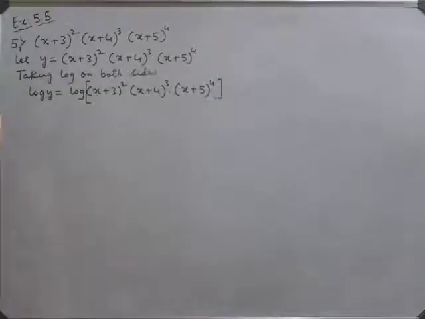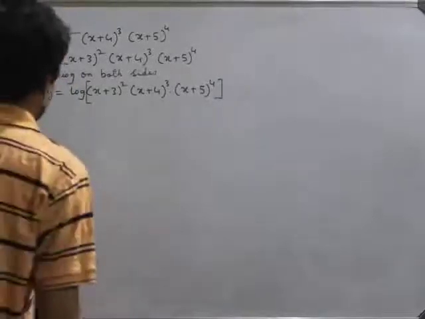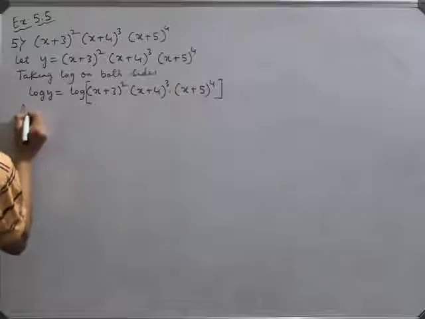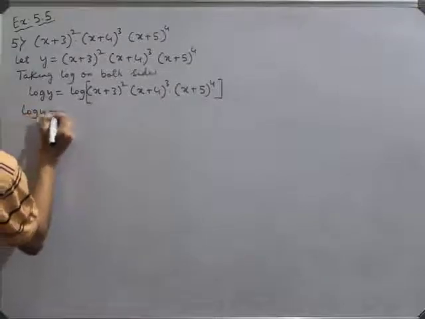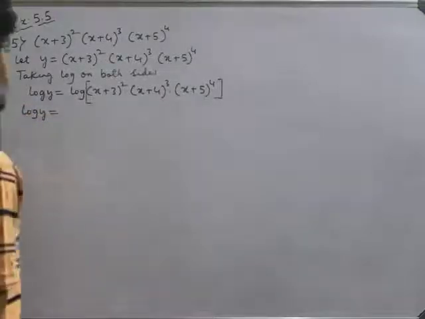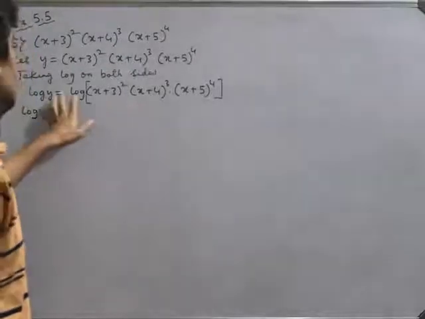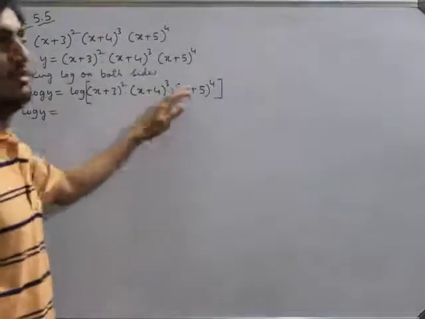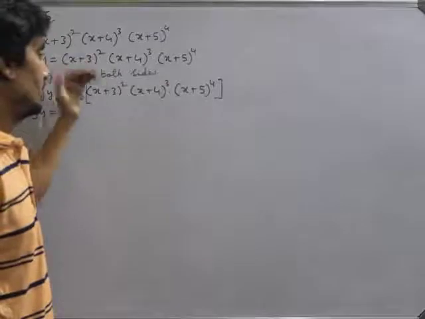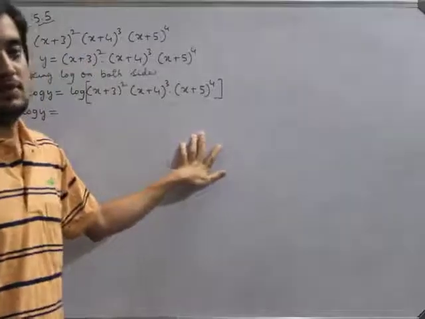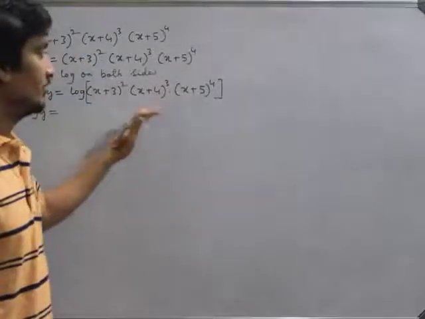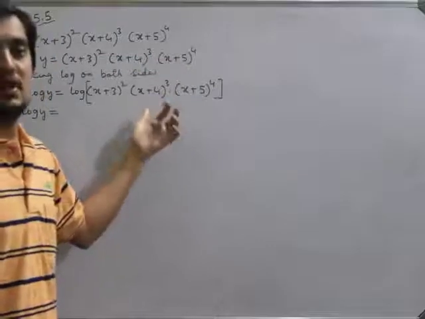So I have applied log on both sides. Next step, log y is equal to, still we cannot differentiate this because we have just applied the log. So first we have to simplify as much as possible, convert it into a very simple form so that the differentiation part will be easy.